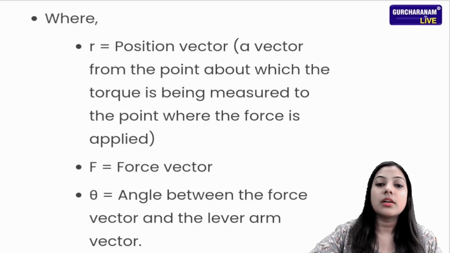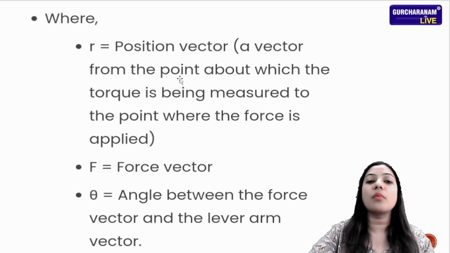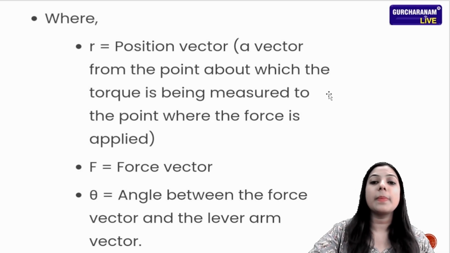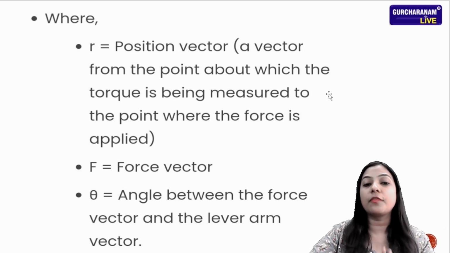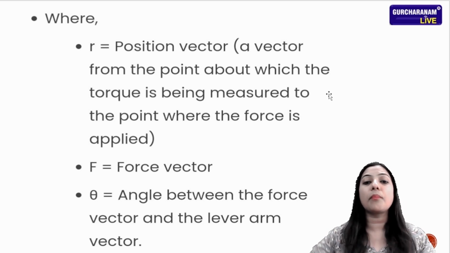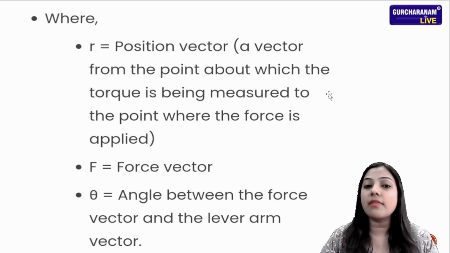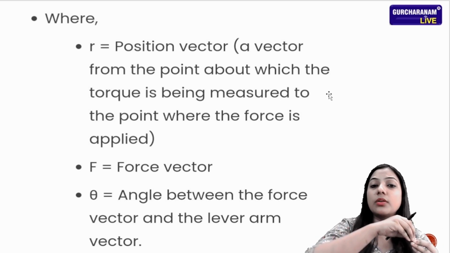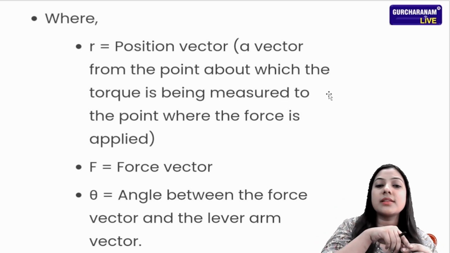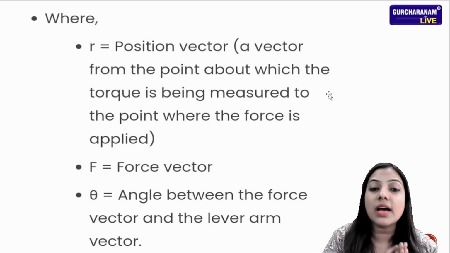Here, R is the position vector, a vector from the point about which the torque is being measured to the point where the force is applied. Clear what R is?